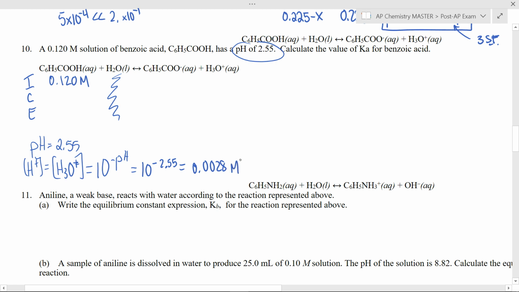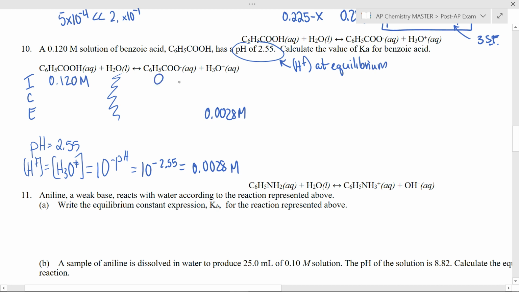Well, that is the hydrogen ions that are formed after the acid dissolves in the water. So that's not what was initially present in the water beforehand. It's after the acid does its thing and dissociates. So this would represent the equilibrium value of your hydrogen ions. So when someone tells you the pH, keep in mind, they're basically telling you the hydrogen ion concentration at equilibrium. That's what that value represents.